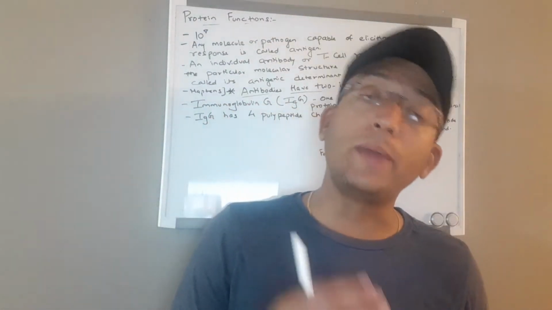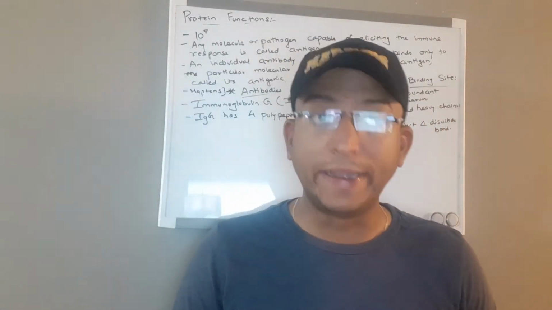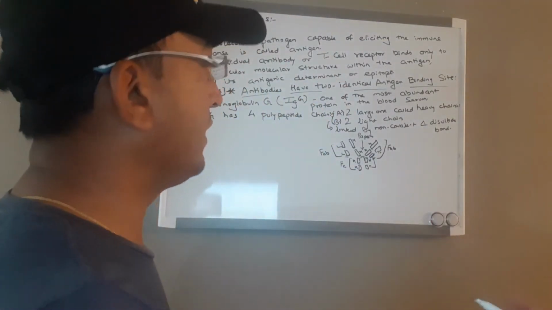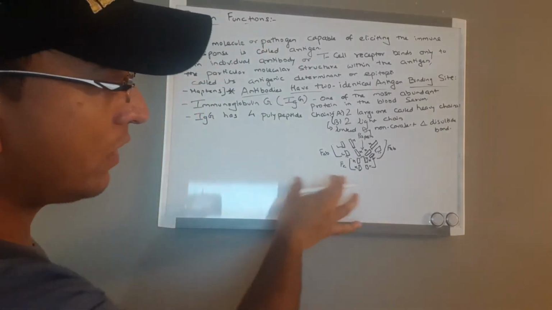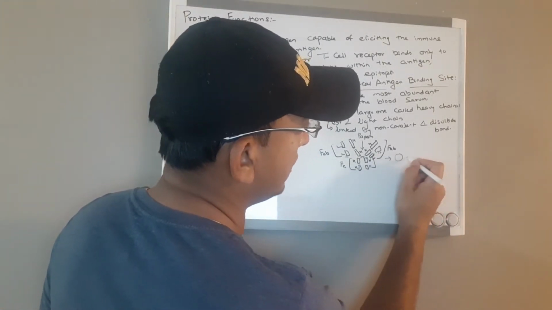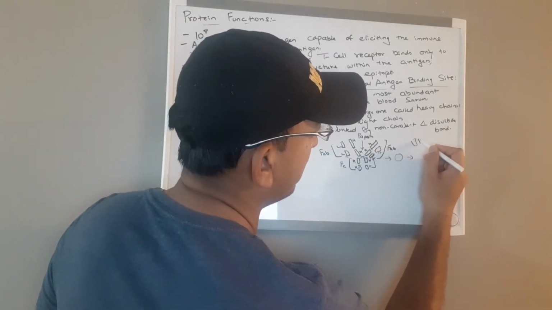So why is the variable domain variable? The variable domains associate to create the antigen binding site, allowing formation of an antigen-antibody complex. For example, this is our IgG. When the antigen comes here, what will happen? Just a rough diagram.